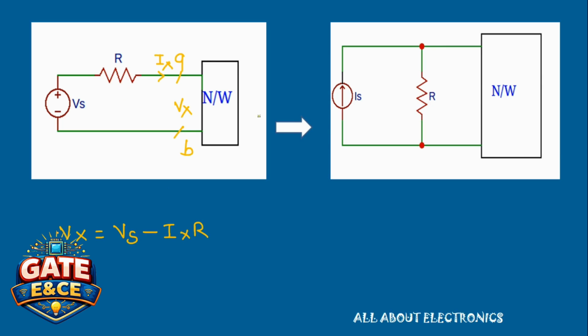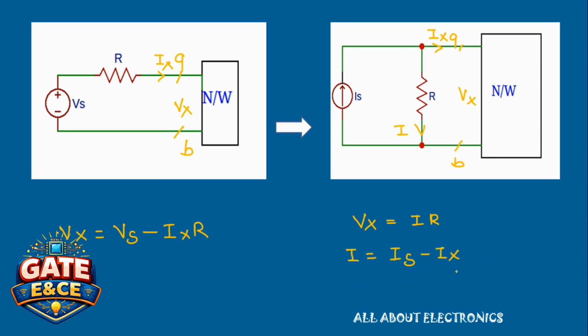Similarly, for the transformed network, the voltage across these two terminals will remain the same, that is Vx, and the current that is entering into this node A will remain the same, Ix, after the transformation. So here we can write Vx is nothing but the drop across this resistor R. Let's say that is I into R, where current I is the current that is flowing through this resistor R. So here I is nothing but Is minus Ix.